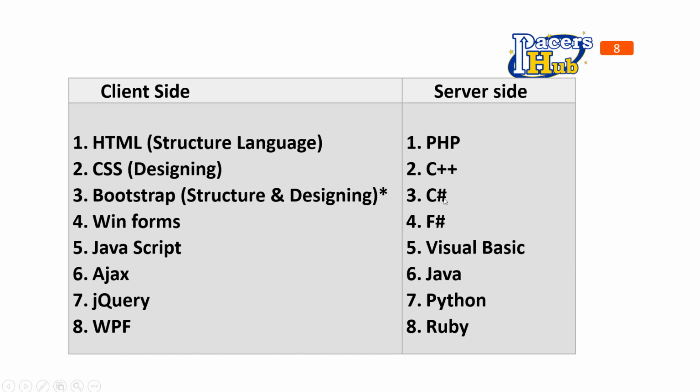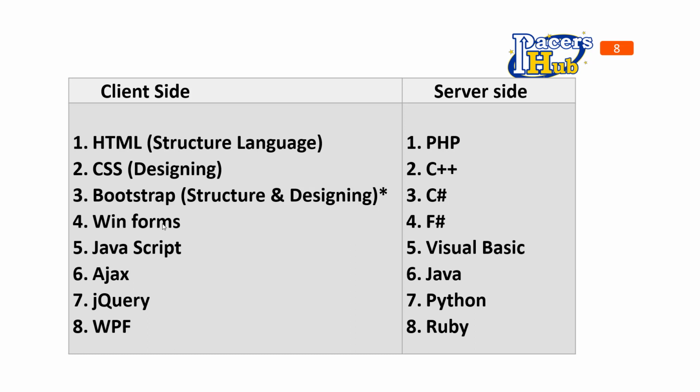But there are a whole lot of languages which you can investigate, you can check them. We'll do little on the Win Form as well. We'll see how you can use a Win Form to do some simple application.